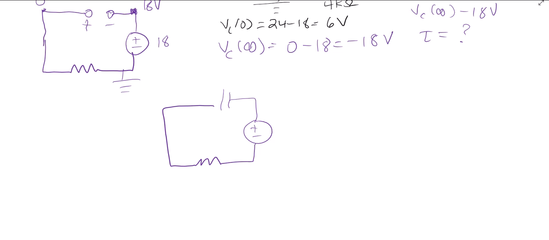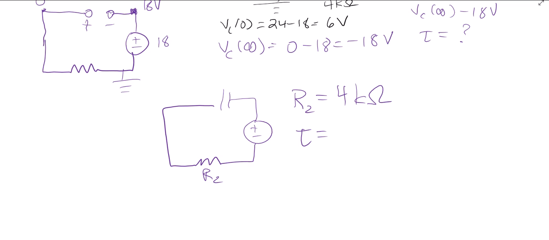And I want to get the equivalent resistance of this circuit. Ordinarily, I would say you short out the voltage source and go from there, but here, obviously, the resistance is the resistor. There's only one of them, so we don't have to do much work on this. So this is R2, and R2 is 4 kilo ohms.